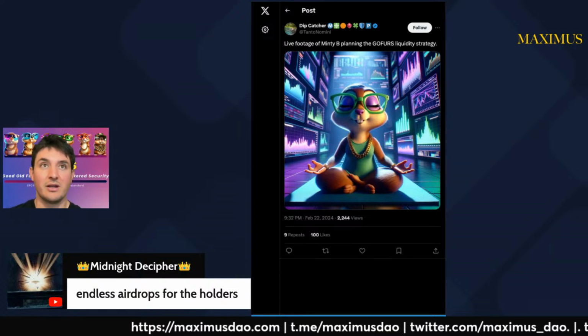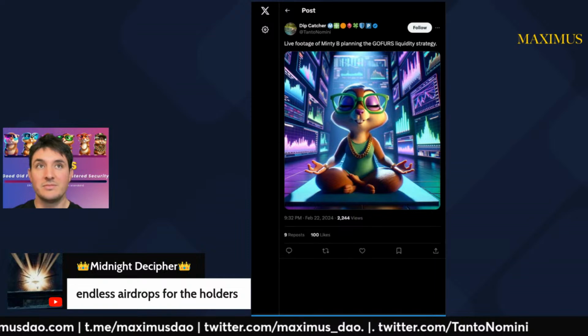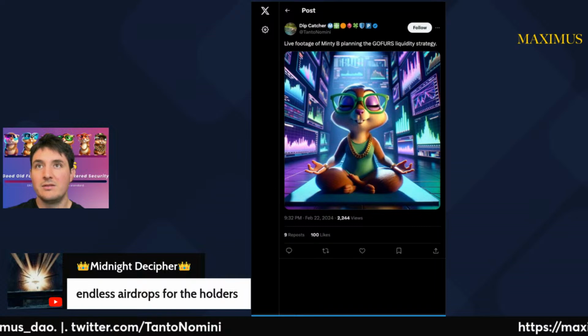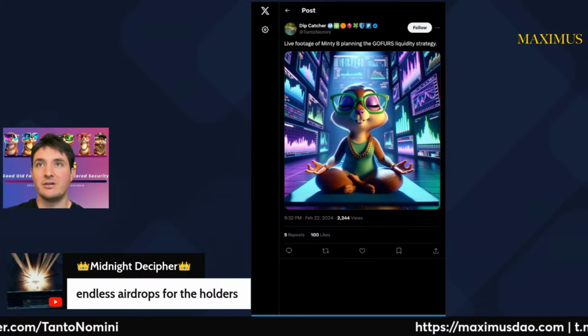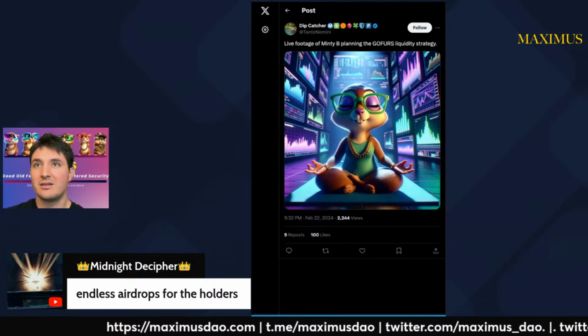So that's like a little airdrop for them. GOFURS holders got an airdrop. Team holders got another airdrop. So yeah, a whole lot of airdrops. Weird. It's like the whole purpose of building crypto assets is to give value to users. Who would have thought that?